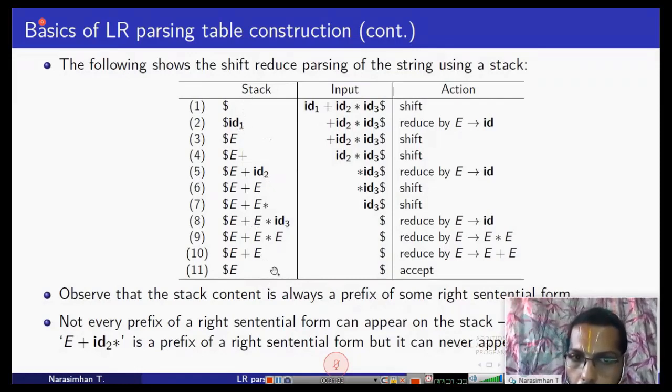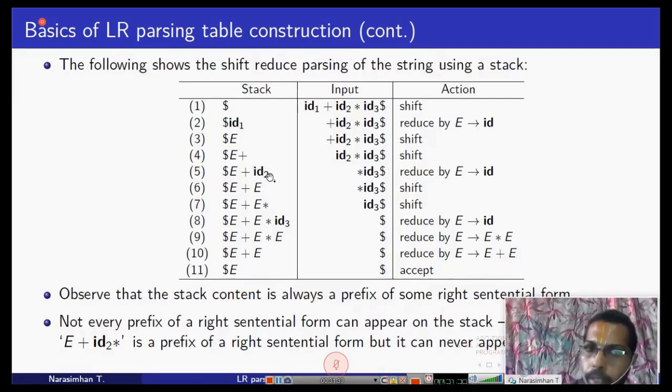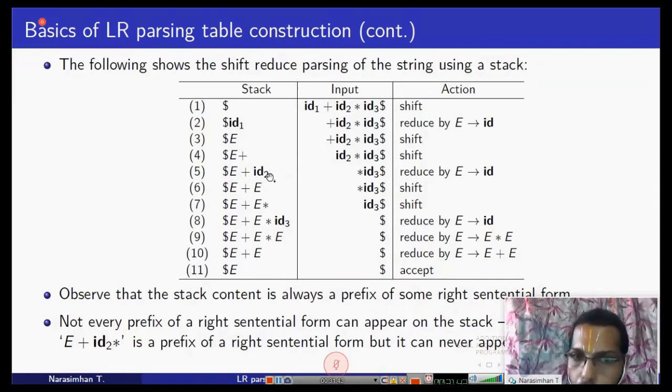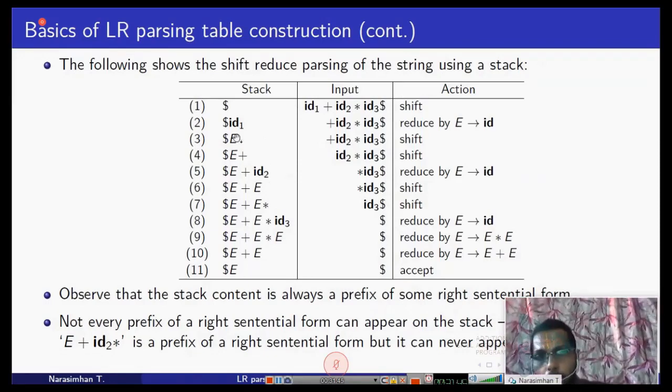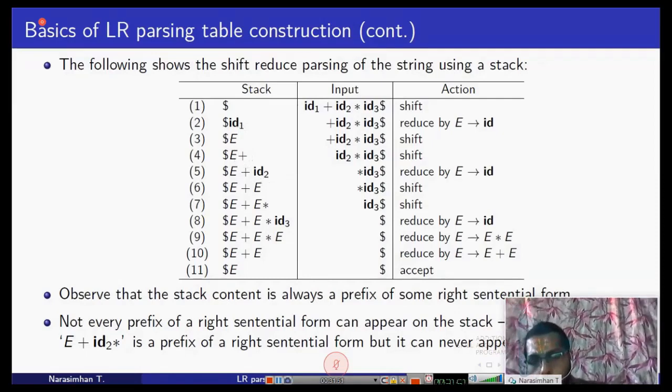So E plus ID2 is a viable prefix, and there is a handle here, ID2, which is at the rightmost end. So in a viable prefix, either there will be no handle, as in these two cases, or there will be only one handle, and that handle will be at the rightmost end. So E plus ID2.